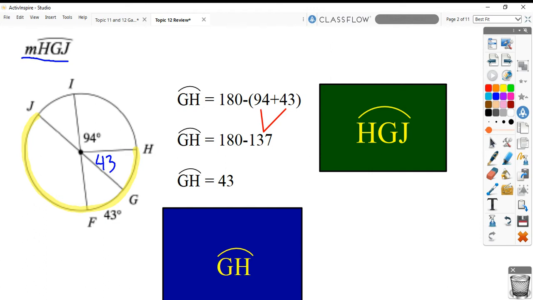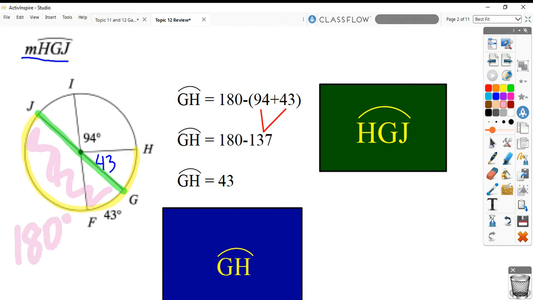Now I want to draw your attention to this line. This line going from J to G is another diameter. We know that everything on the left side of the diameter and everything on the right side, all of those pieces add up to 180 degrees. That diameter cuts the circle in half. So everything on the left, all of this part of the circle over here, is 180 degrees.